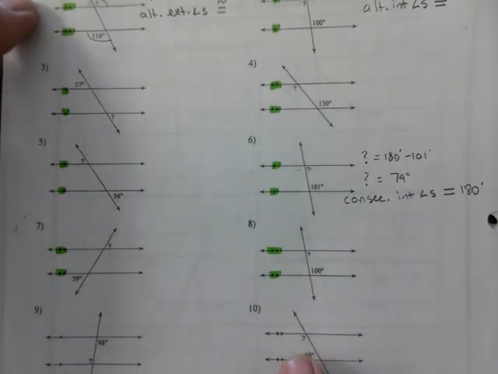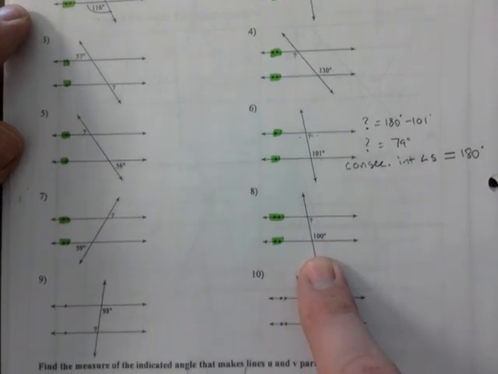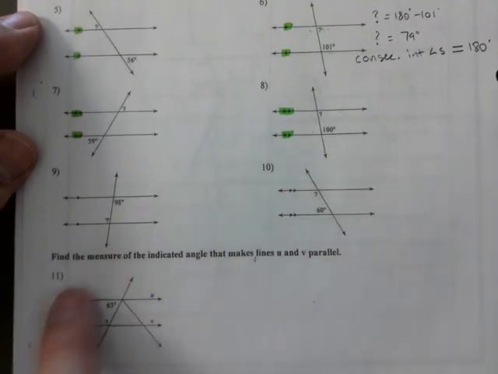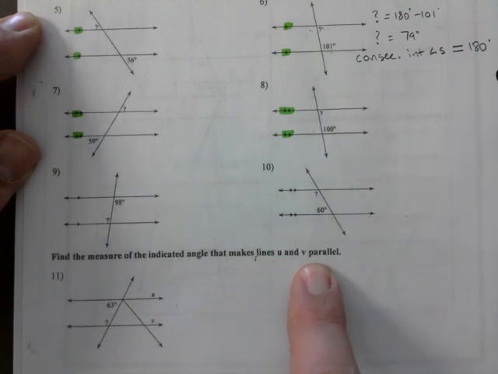So 1 to 10 is just the fact that they are parallel. You just have to use the property to find the missing angle. But then you get to 11, right? Find the measure that makes lines U and V parallel, right?